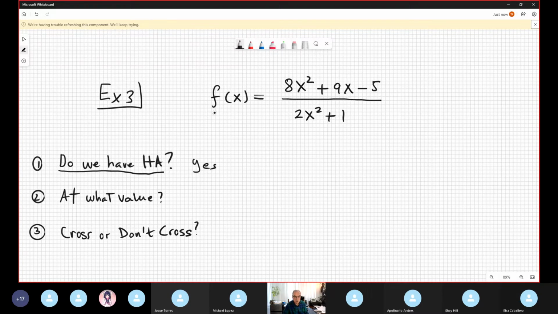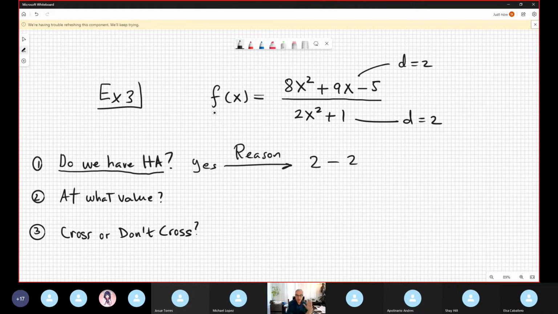Now, the reason. Because the degree of this is 2, and the degree of this is 2. By the way, this is the regular case. No complication, no problem. Sofía says yes.